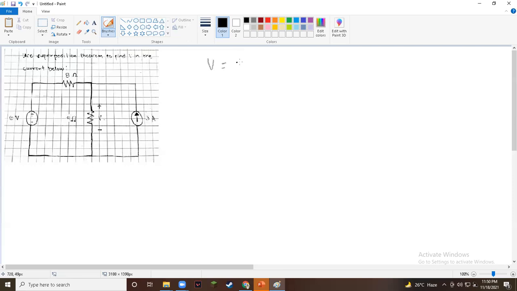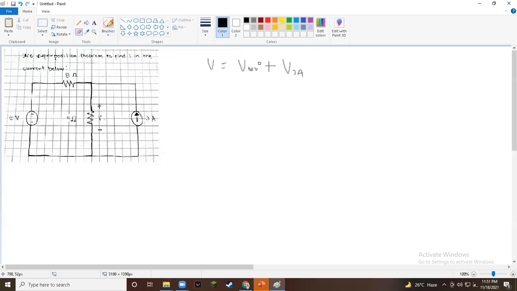Voltage is equal to voltage due to 6 volts voltage source, plus voltage due to 3 amp current source.